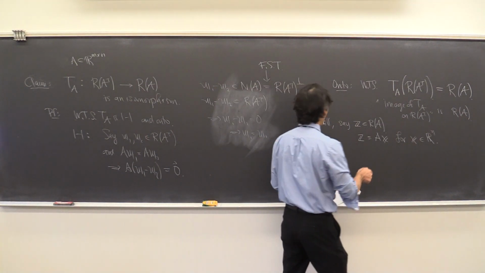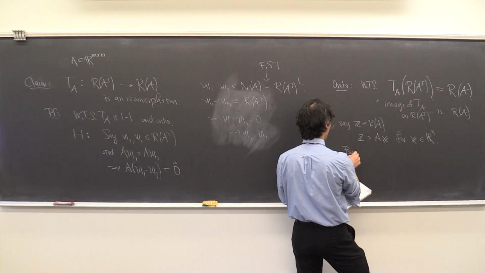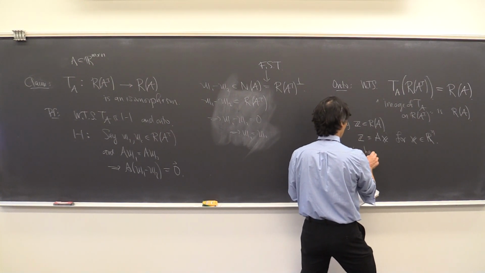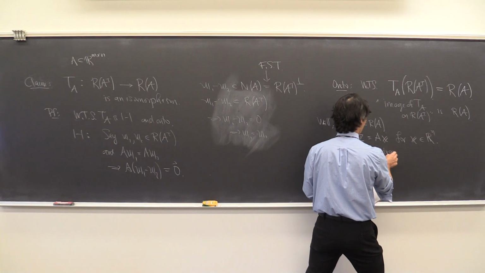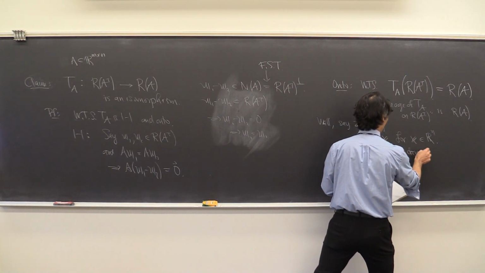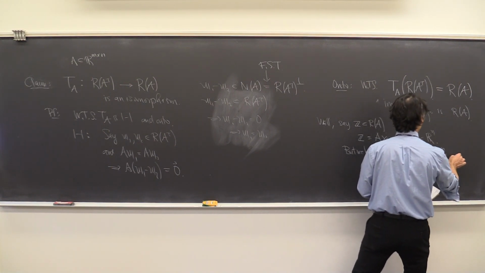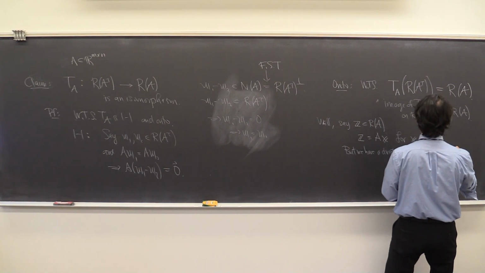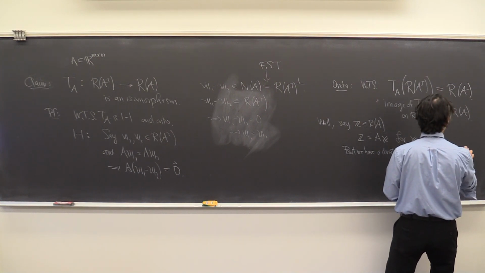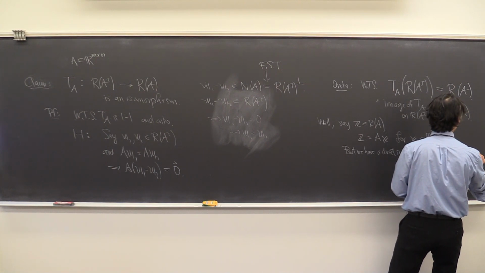But we have a direct sum decomposition: Rn is the range of A^T direct sum the range of A^T perp.